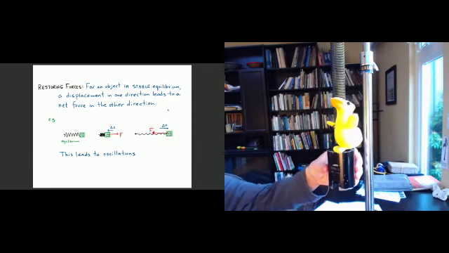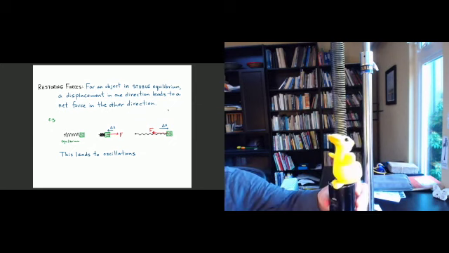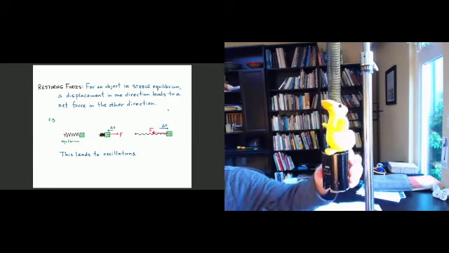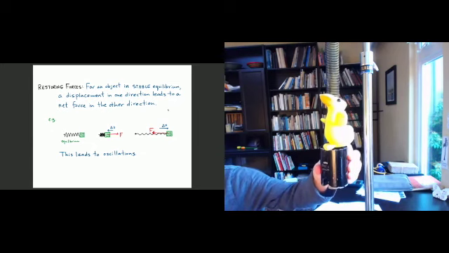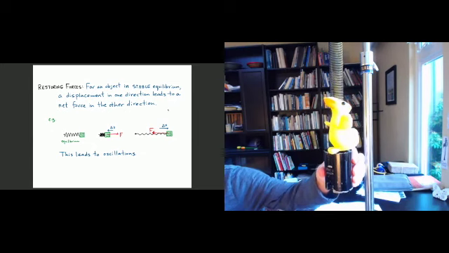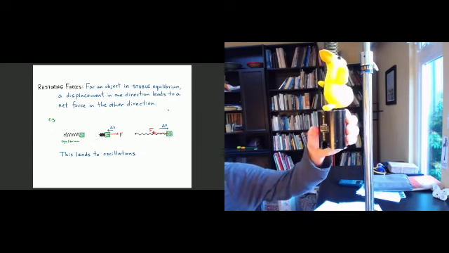And so we understood that this leads to oscillations because if you start in this position and let things go, then the upward restoring force will cause an upward acceleration of our system that increases the upward velocity. And then when we get back to the equilibrium position, we now have some upward velocity, and so we keep going above the equilibrium position.